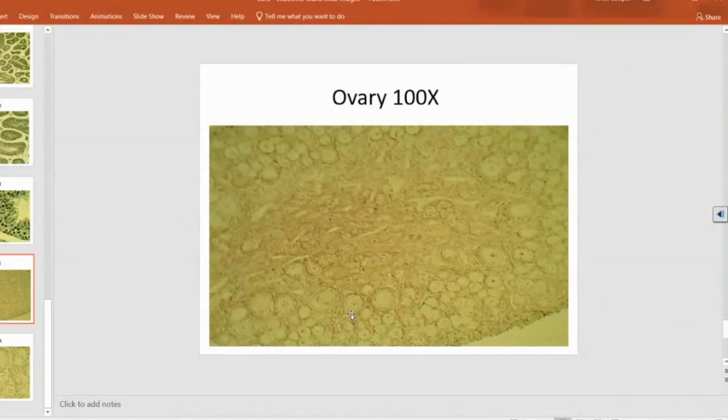If you get this on the test, I'm not going to ask you the details. They're too small. But I want everybody to be able to see this picture of almost an entire ovary and just to know it's an ovary. The way that you know it's an ovary is you can see the little follicles with their oocytes all the way around basically the outside.